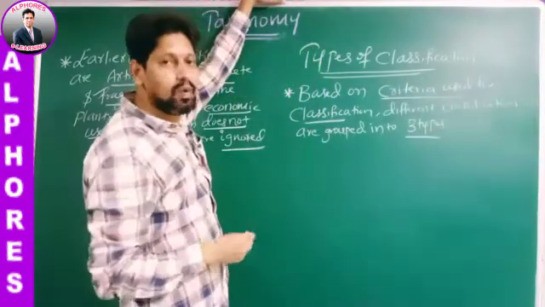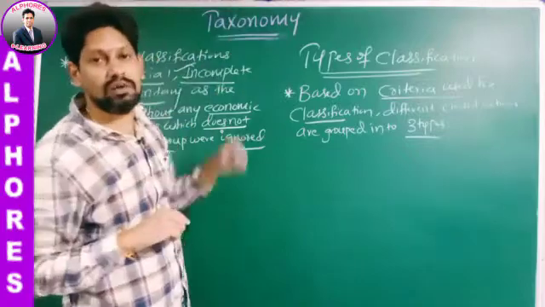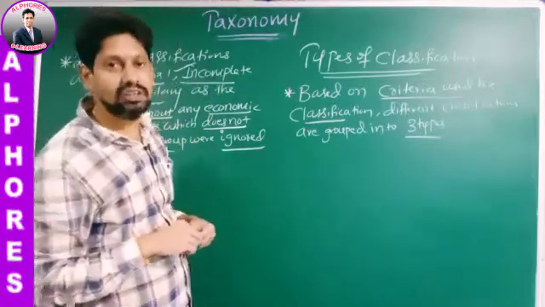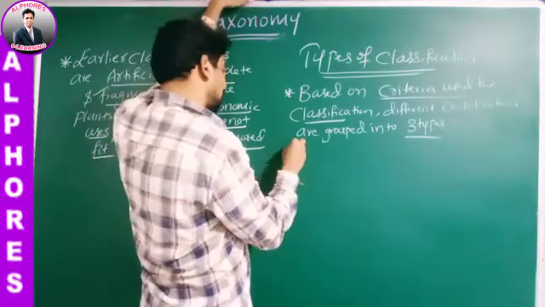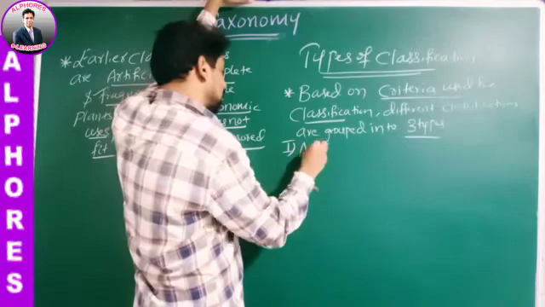What are these 3 types of classifications? Artificial system of classification, natural system of classification, phylogenetic system of classification. First one is artificial system of classification.